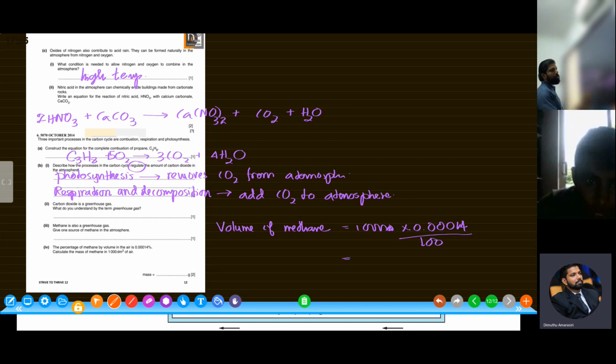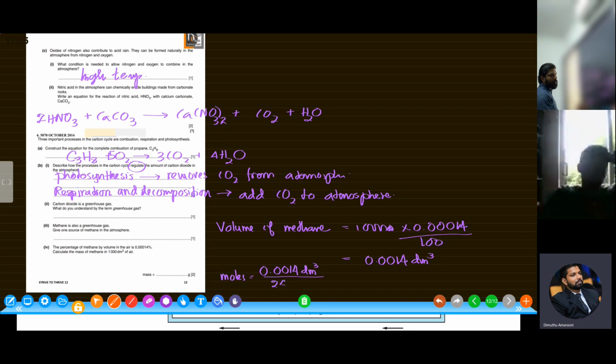That means 0.0014 dm³. In the past, we had moles. How do you find the moles? n equals V over 24. 0.0014 dm³ divided by 24 dm³ per mole.